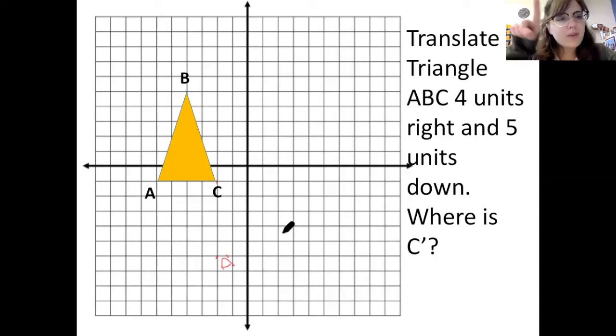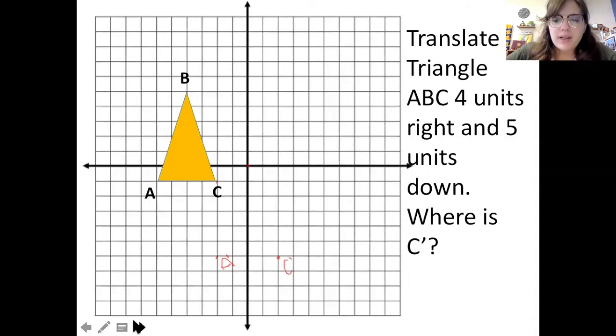That's what you call the A with the little tiny one, A prime. C, 1, 2, 3, 4, 1, 2, 3, 4, 5. Translations are pretty simple once you get the hang of it. And B, 1, 2, 3, 4, 1, 2, 3, 4, 5.